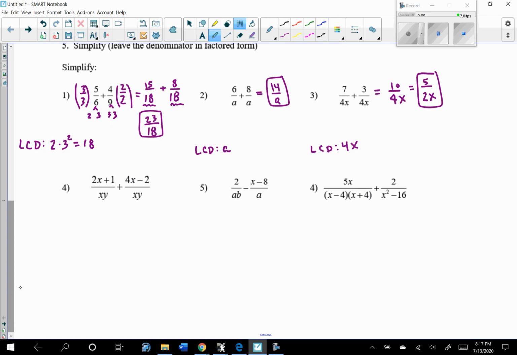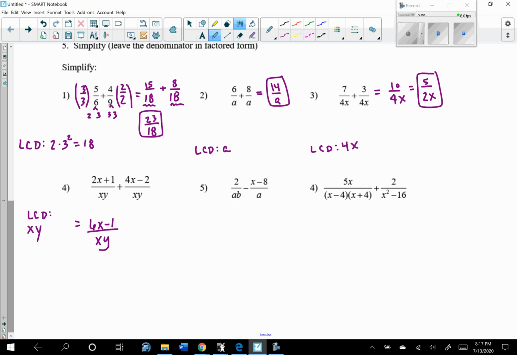Looking at question number 4, our least common denominator is x times y. We already have a common denominator, so we just need to combine the numerators over our common denominator. We're just adding our like terms: 2x plus 4x gives me 6x, and 1 minus 2 is minus 1, over x times y.